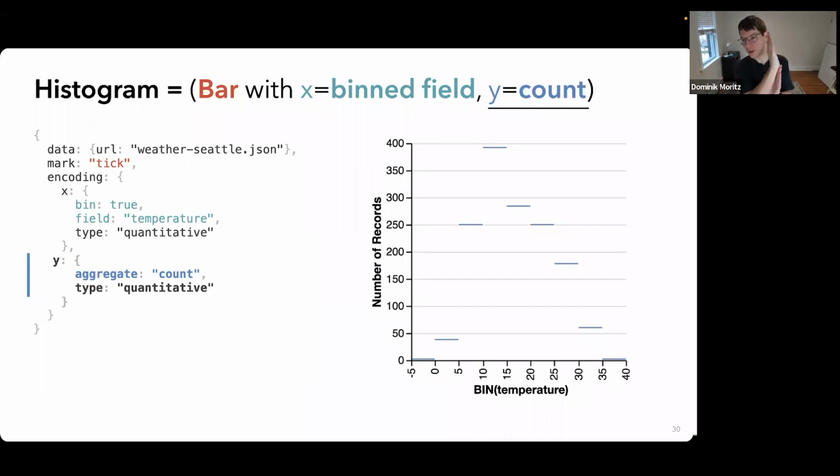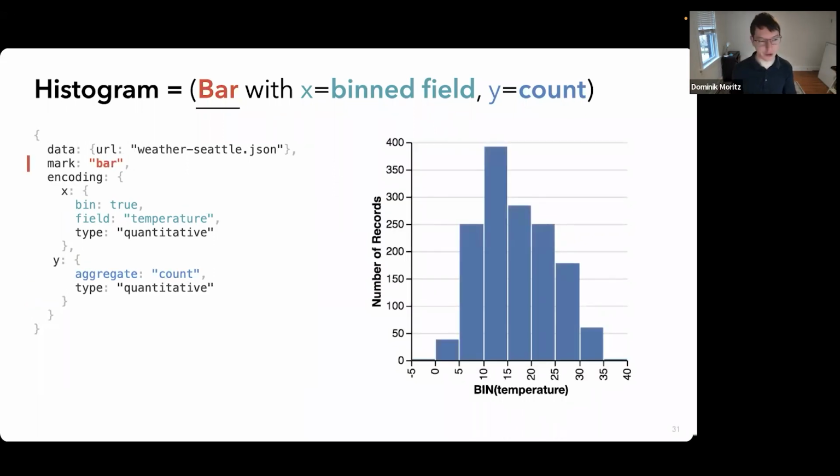So Vega-Lite automatically flips the orientation of these tick marks, and then we can just change the mark to bar, and boom, we have our histogram.